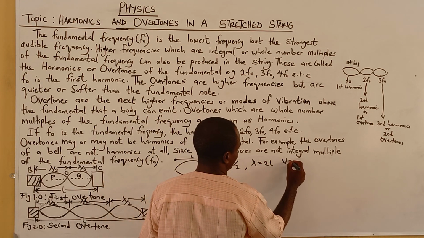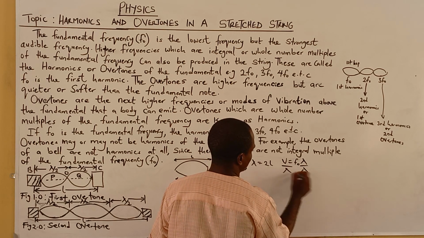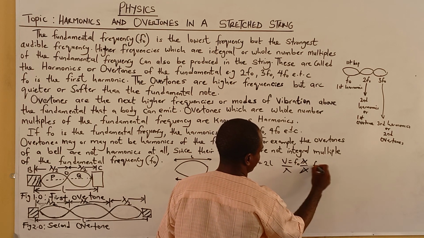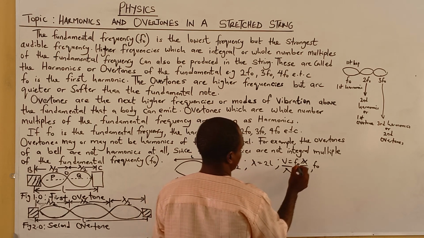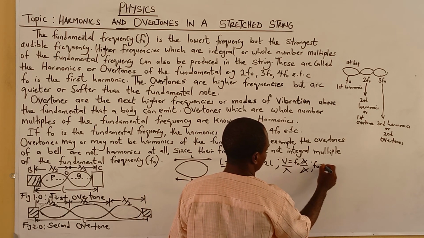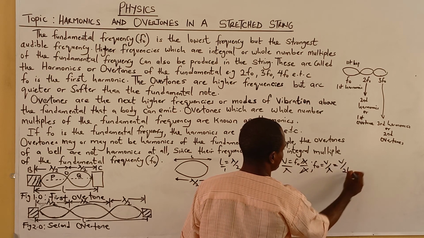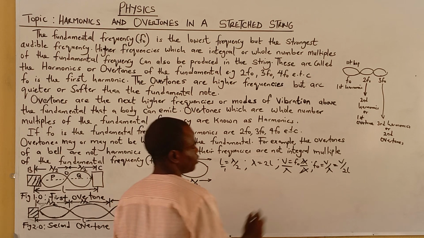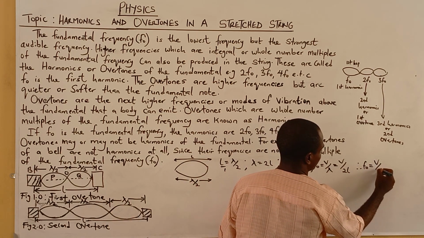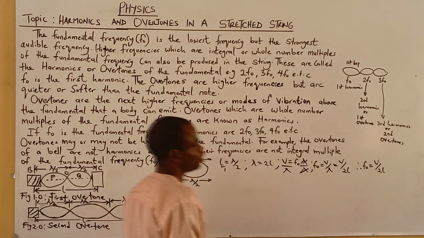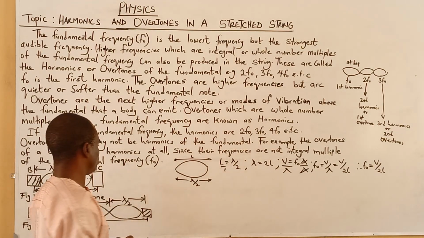Go back to your formula, V equals F naught lambda. Divide by lambda, lambda cancels lambda, F naught equals V over lambda, which is V over 2L. This is your fundamental frequency. Therefore, fundamental frequency is V over 2L. Please take note of this, let it be in your memory. Fundamental frequency equals V over 2L.